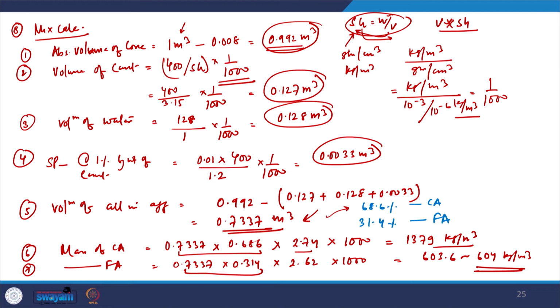So, now we have got all the proportions. So, these are the proportions. Let me just use a different color to mark the weight. This is one weight, this is another weight, here this is the weight for cement, this is the weight for water, and this actually is the weight for the superplasticizer.